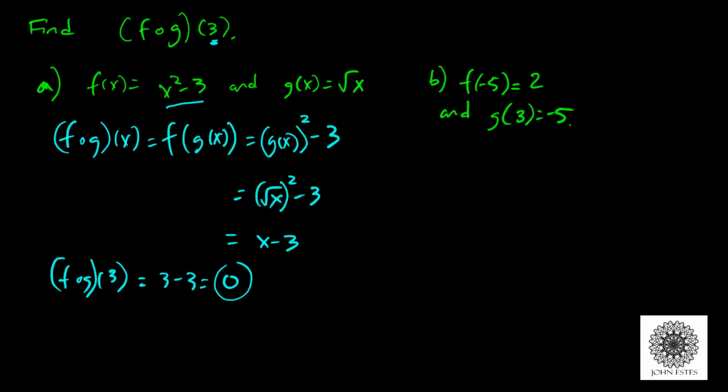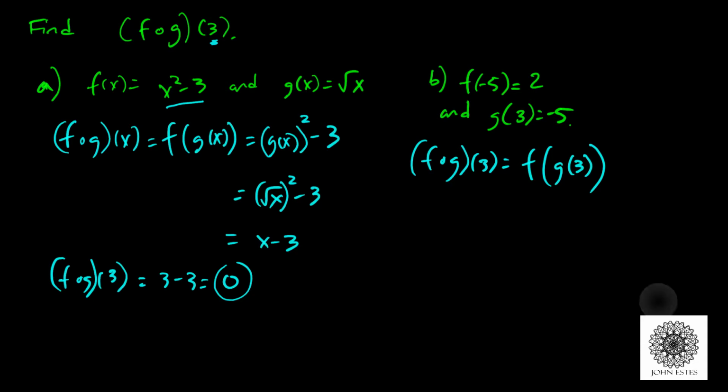Now for part B, we don't have the actual algebraic expressions. I don't know what f of x and g of x are. All I know is that if I plug in negative 5 into f, I get 2. And when I plug in 3 into g, I get negative 5. So how can I use that to find f composed with g of 3? Well, remember that means I take the f function and plug in as an input g of 3, whatever g of 3 is.